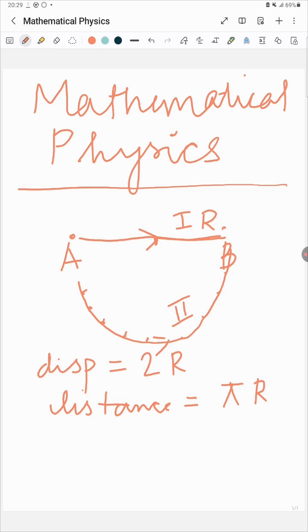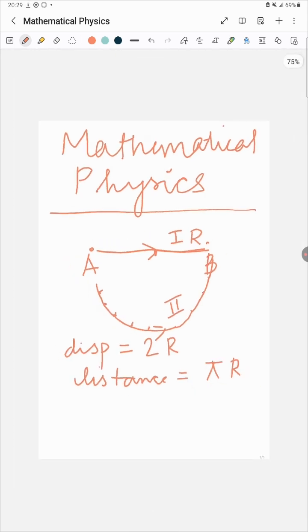So we basically now represent a vector as an arrow. This part of it is called the tail and this part of it is called the head.